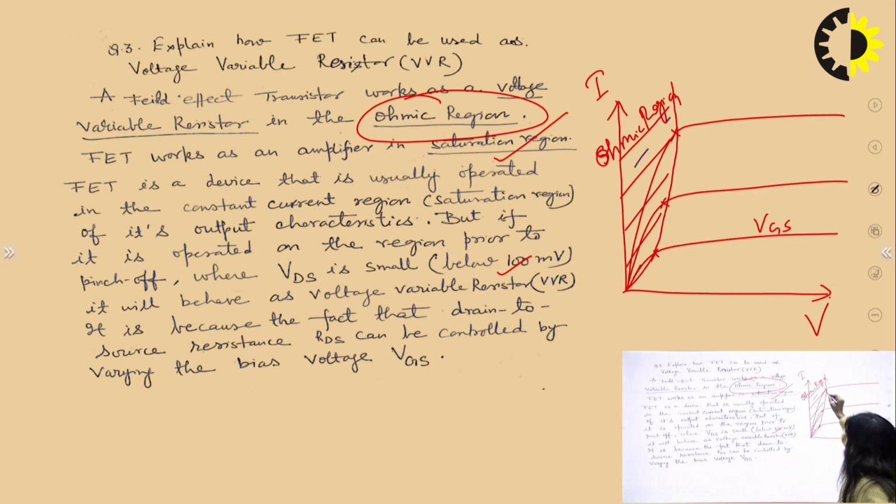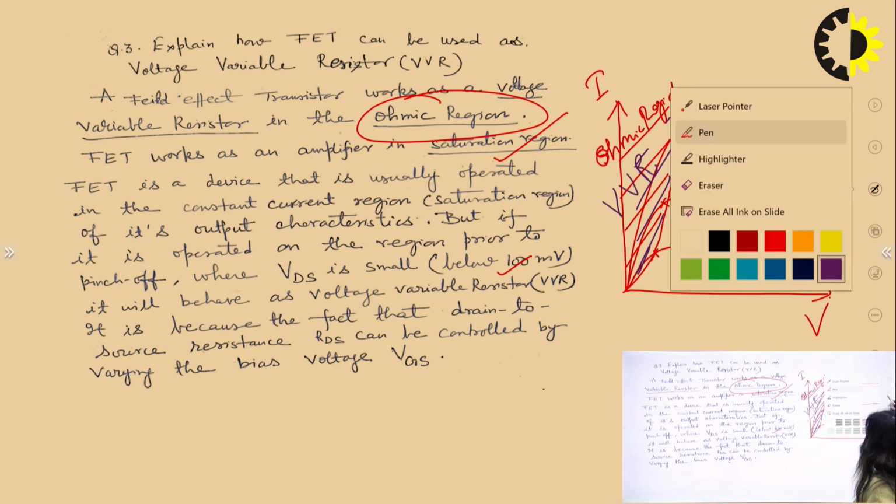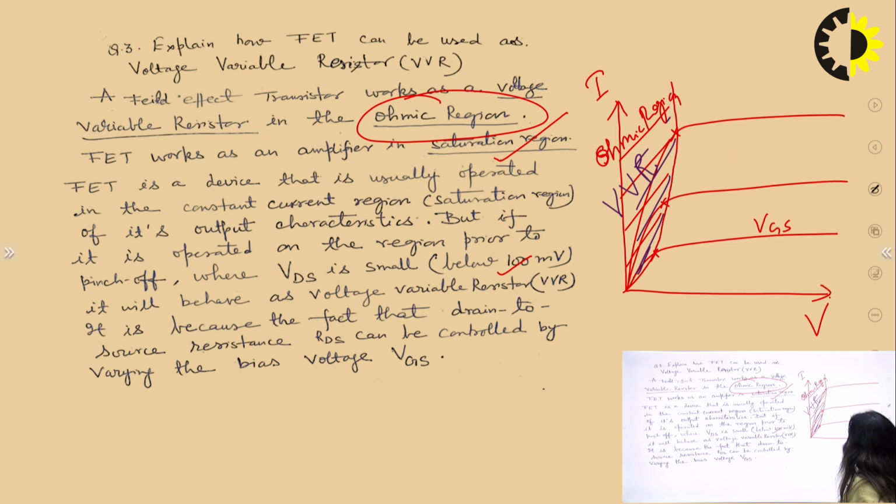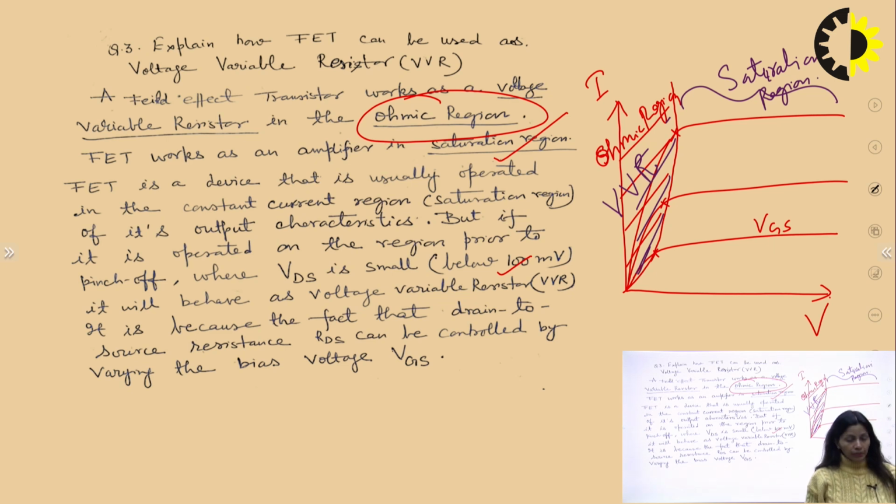Here in this region the FET is working as VVR, and you can also mention that this region is the saturation region. So you can complete your answer by making the output characteristics of FET.